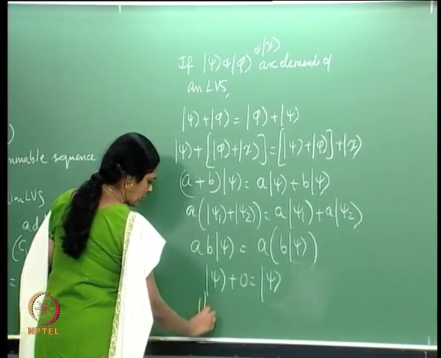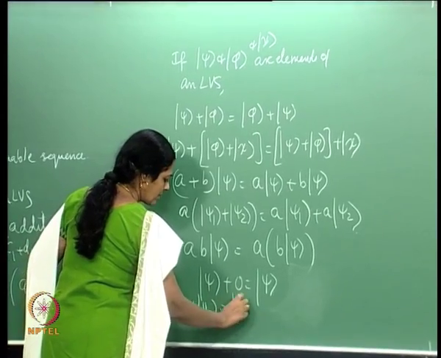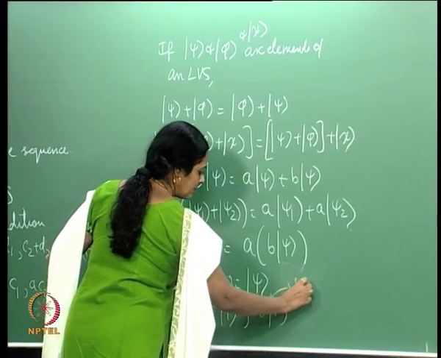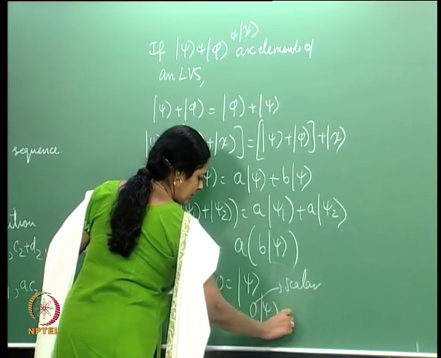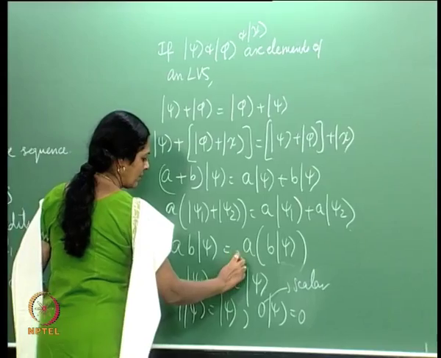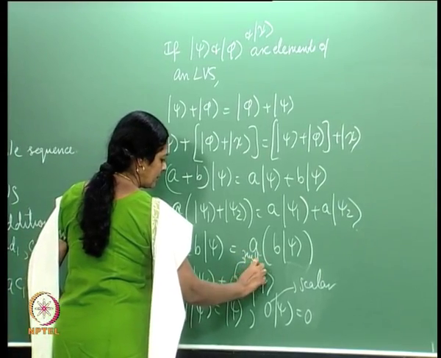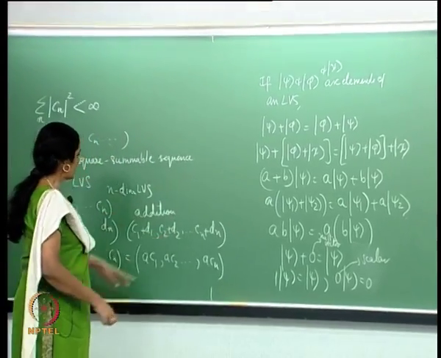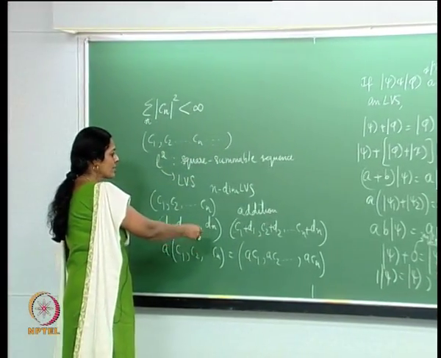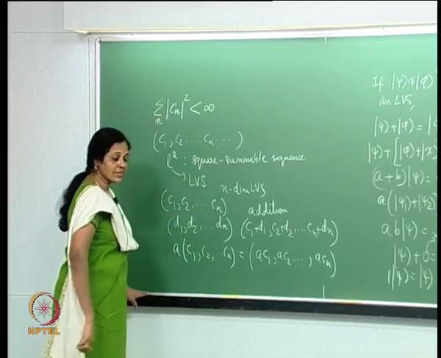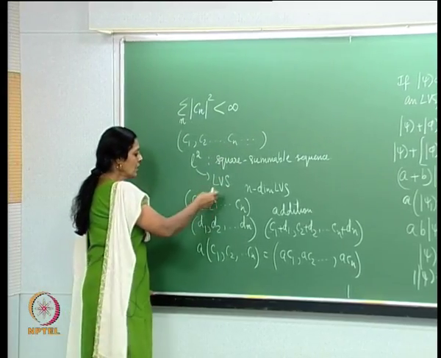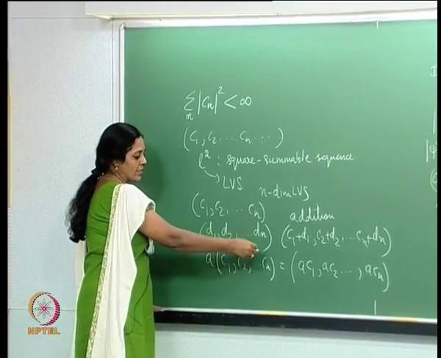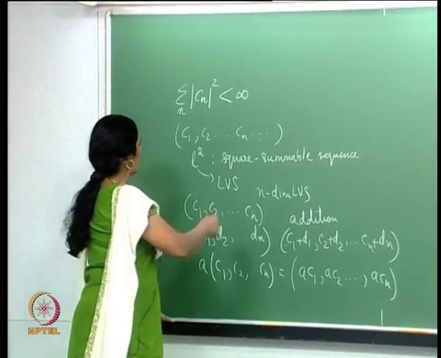Then scalar multiplication, 1 psi is psi and 0 psi, this is a scalar, is 0, and this is a null vector. So you can see that all these properties are satisfied by such sequences where addition and scalar multiplication are defined in the following manner.